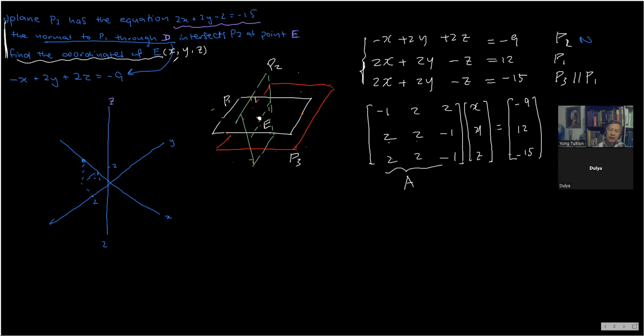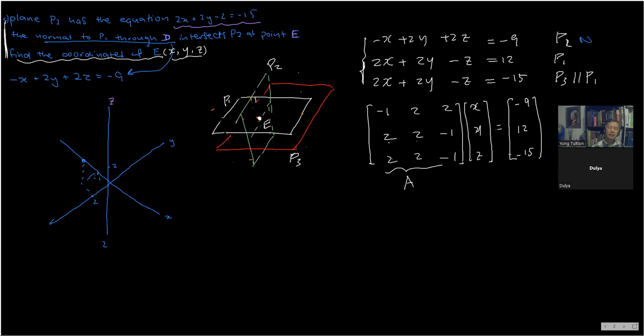Otherwise, I don't think you can find a solution. Just using this graph will tell you that you cannot find a point which satisfies three equations. But it doesn't have to satisfy 3. It just has to satisfy this one, just the intersection of P2 and P3. Where is P2?